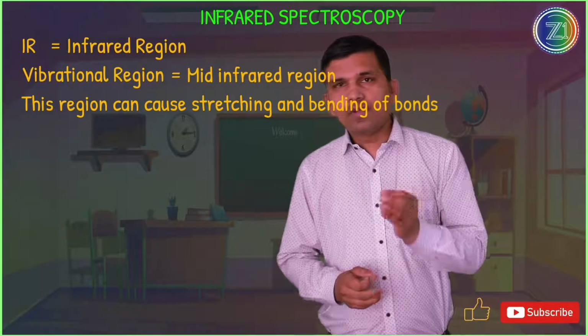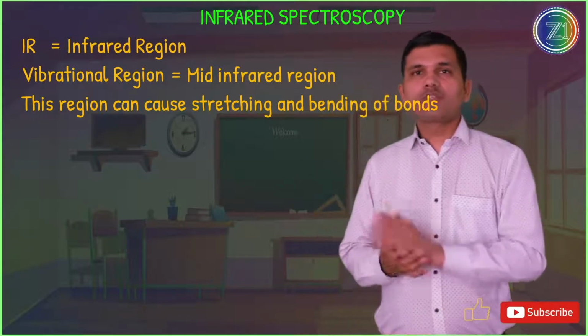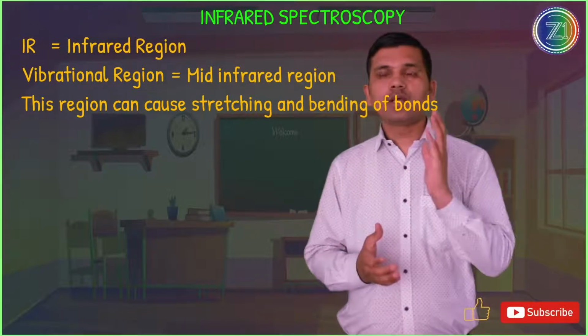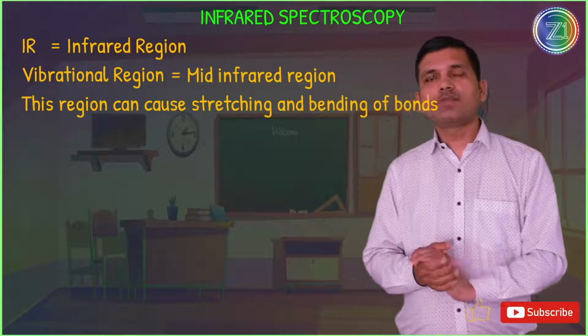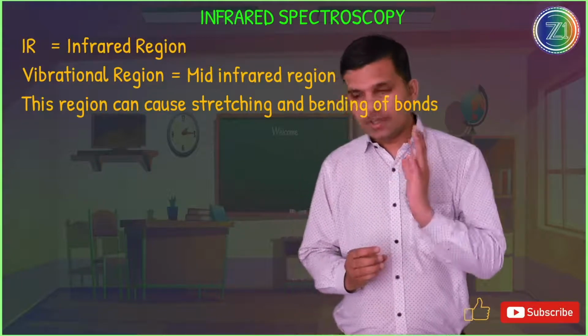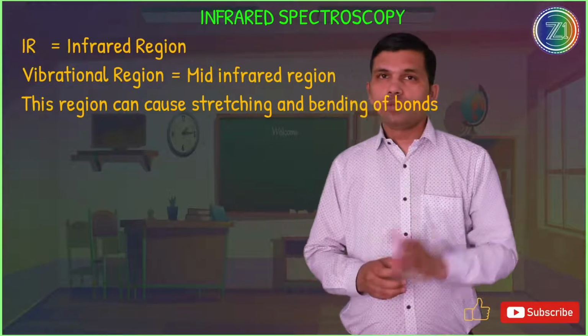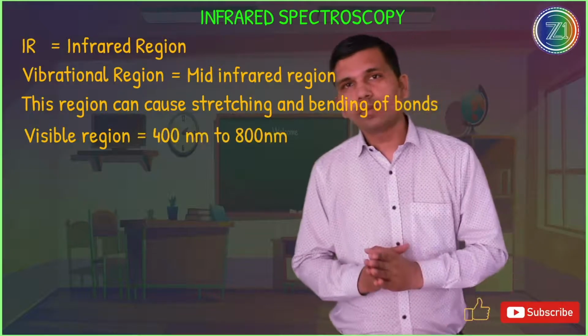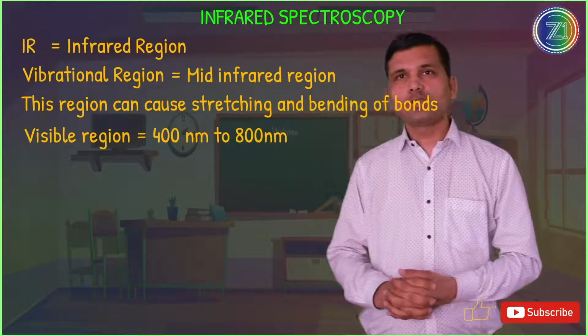Now if we look toward the vibrational part of this electromagnetic region, the energy of these radiations will be less than the energy of the visible region. You know very well that the visible region corresponds to 400 nanometers to 800 nanometers.